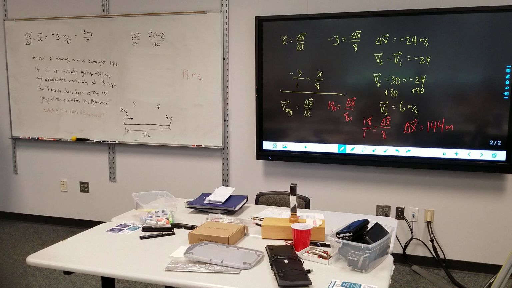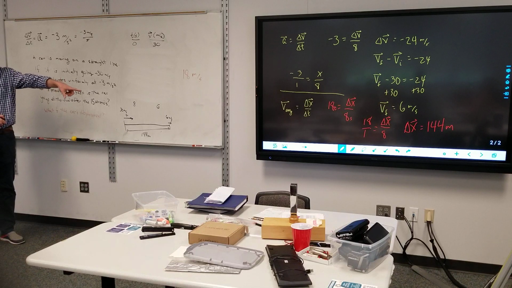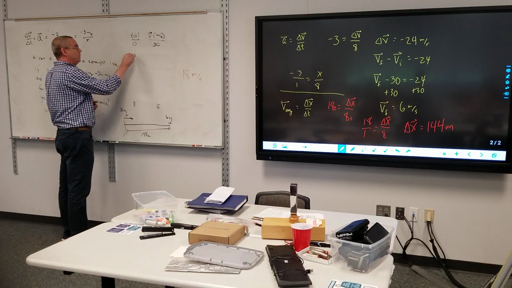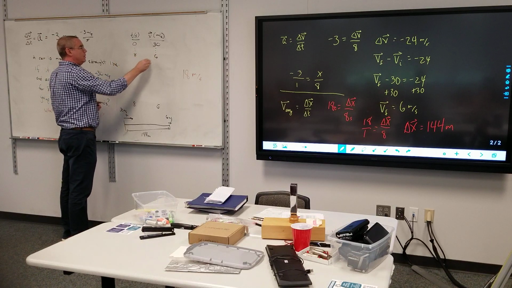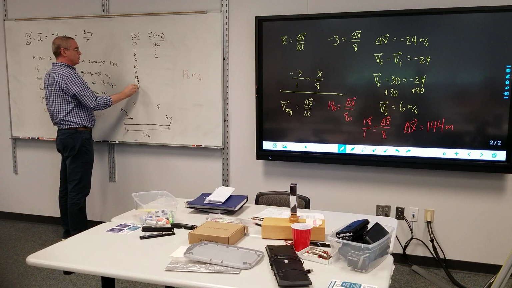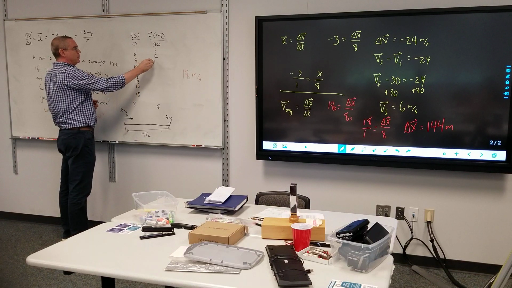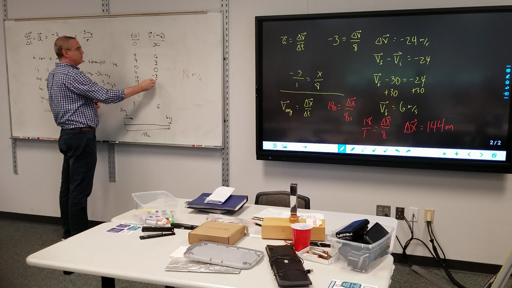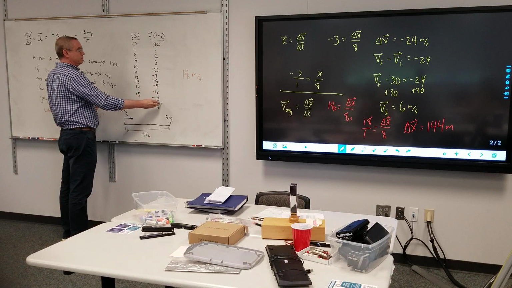So let's just go through the long way. I know at 8 seconds it's going 6 meters per second. And then 9, 10, 11, 12, 13, 14, 15. So that would be 3, 0, -3, -6, -9, -12, -15.